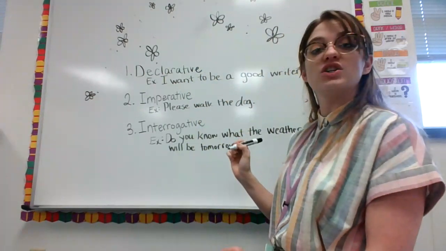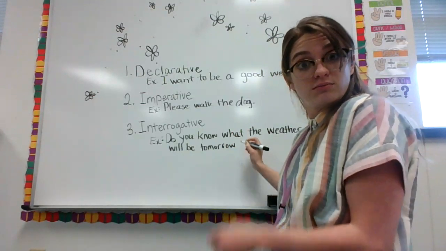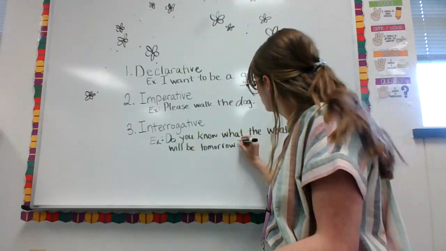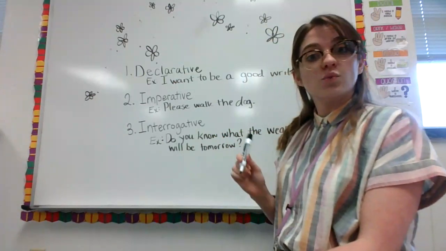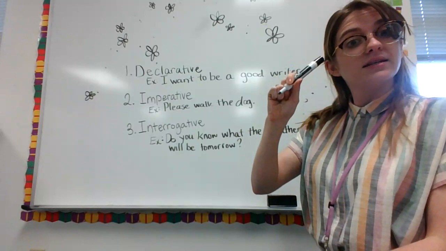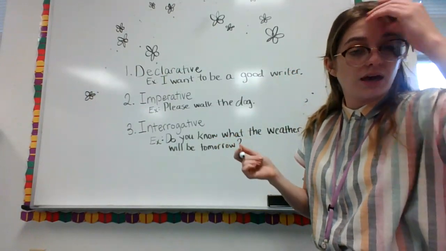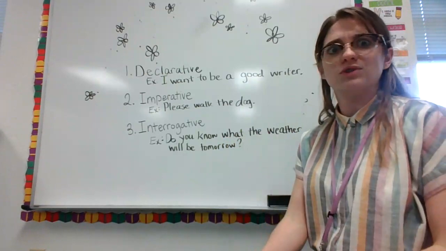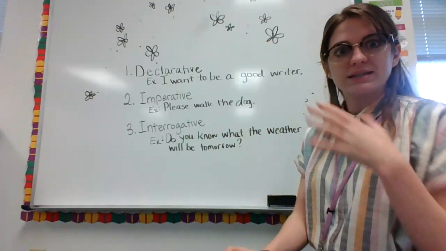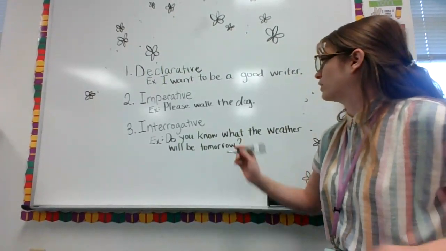And I'm going to finish the sentence with a question mark because I'm asking a question. Do you know? And when we read a question, we need our voice to kind of go up at the end. Do you know what the weather will be tomorrow? Okay, that's how we ask questions. Our voice kind of goes up at the end. So when you read them, you need your voice to go up at the end with that question mark.